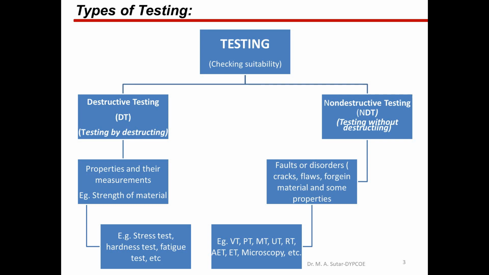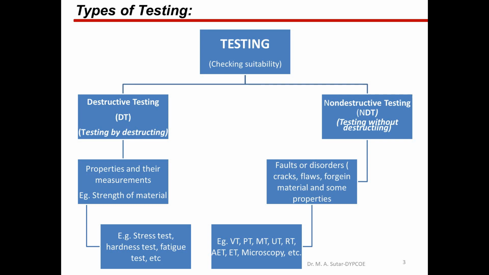Generally, the properties of the material, like mechanical, chemical, thermal, etc., are possible to find by making use of destructive testing. However, once material is tested, it has to be thrown out.